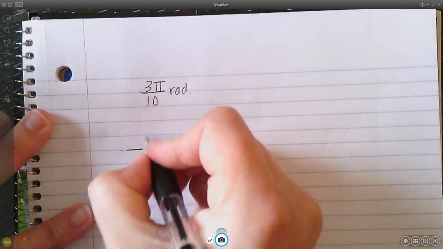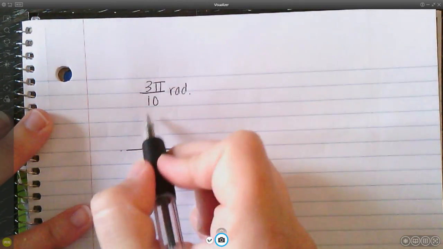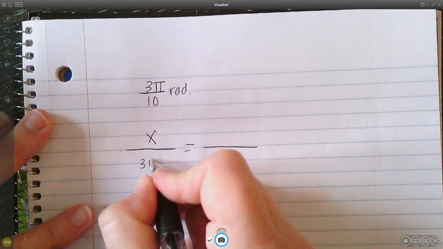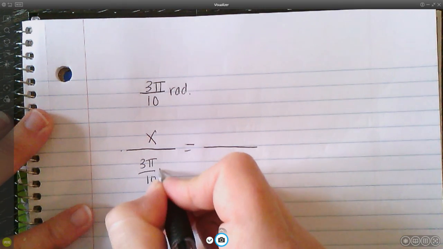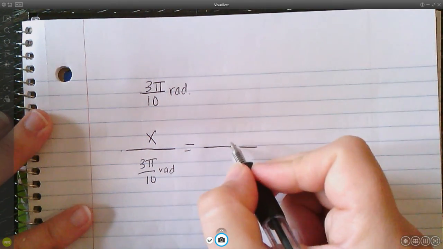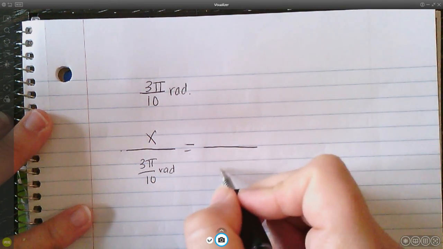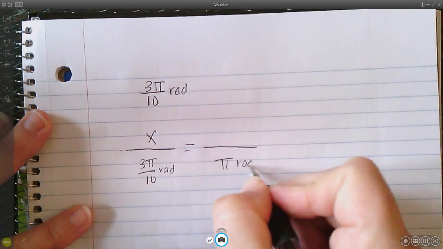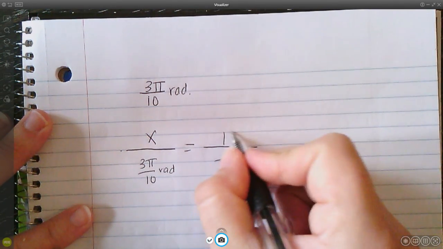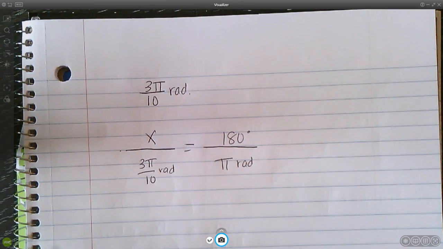Okay, so you set up your ratio, equal sign, fraction bar, x goes on the top, what you know goes on the bottom. So 3 pi over 10 radians. Radians has to go on the bottom, so that's pi radians. Degrees has to go on the top, so it's 180 degrees.